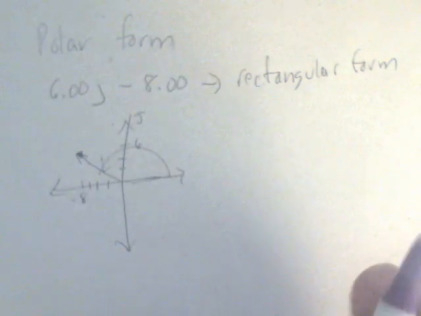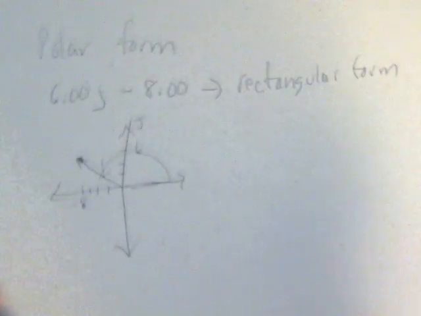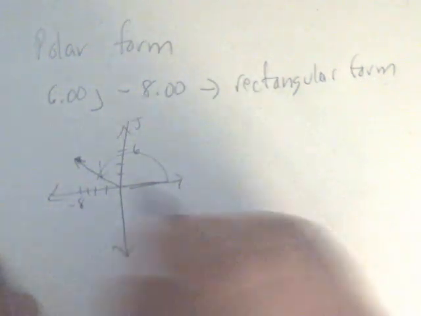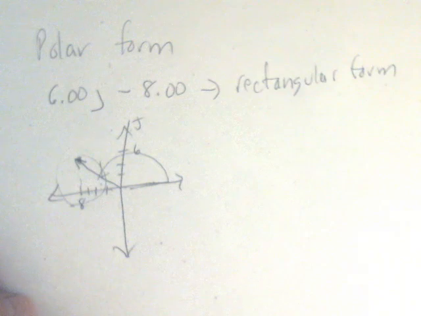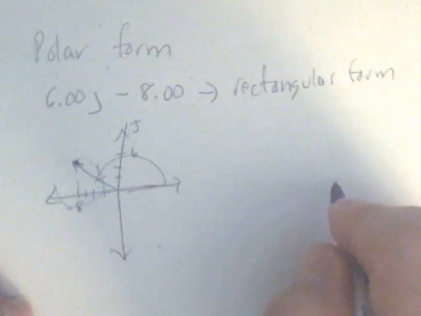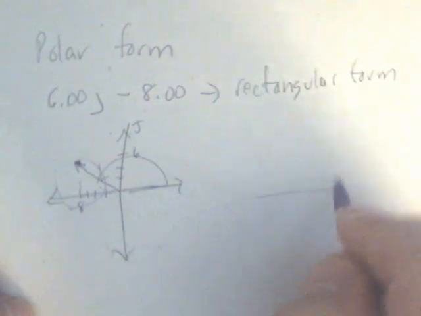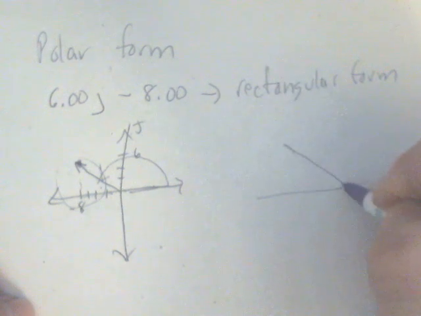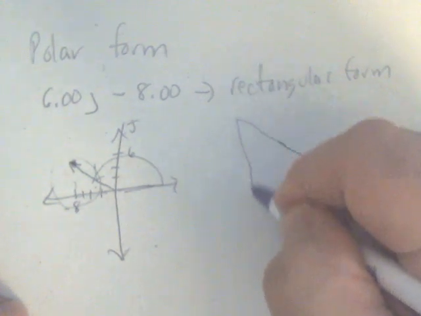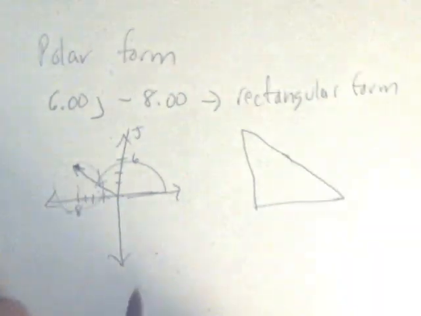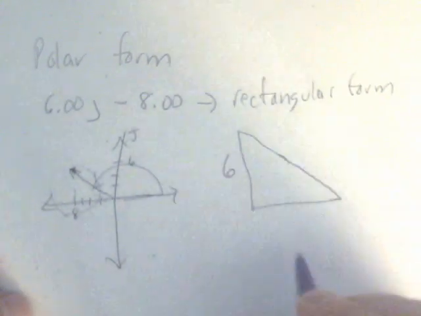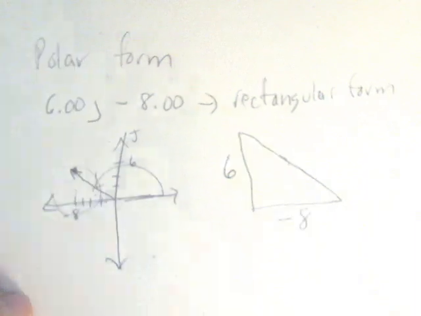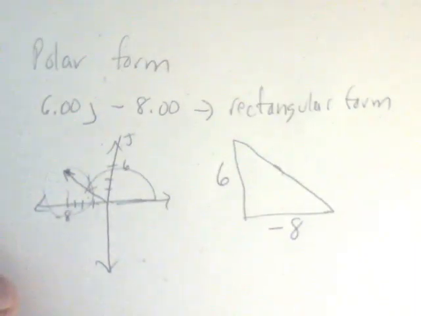So the way I suggest doing this is to take this phasor off of the grid and then recreate a right triangle similarly to what's drawn over here. So in other words, this right here is +6. This right here is -8.